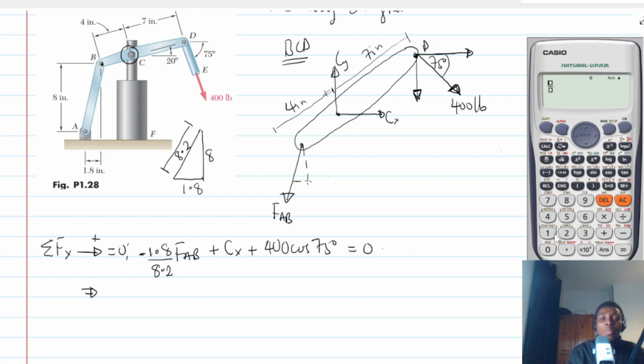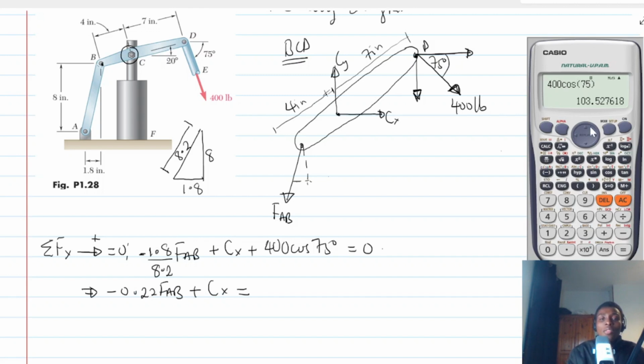What is 1.8 divided by 8.2? That's going to be 0.219. So let's say 0.22. So minus 0.22 FAB plus Cx should be equal to 400 cosine 75.